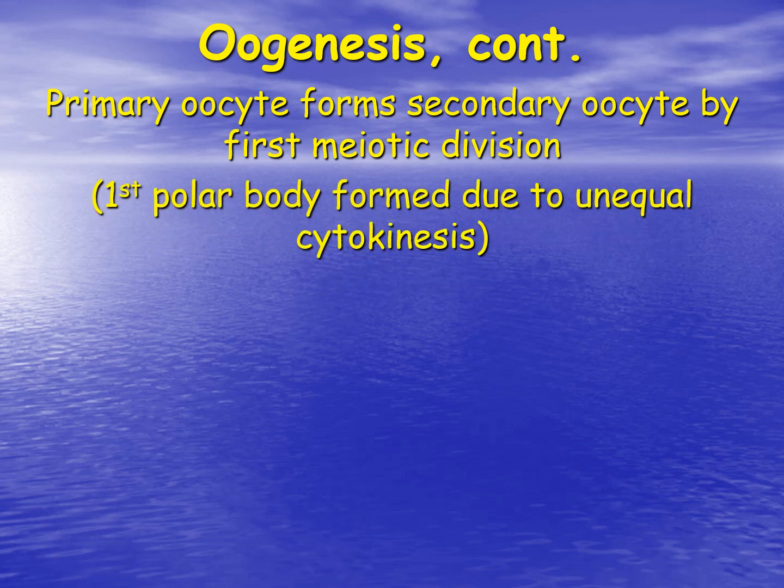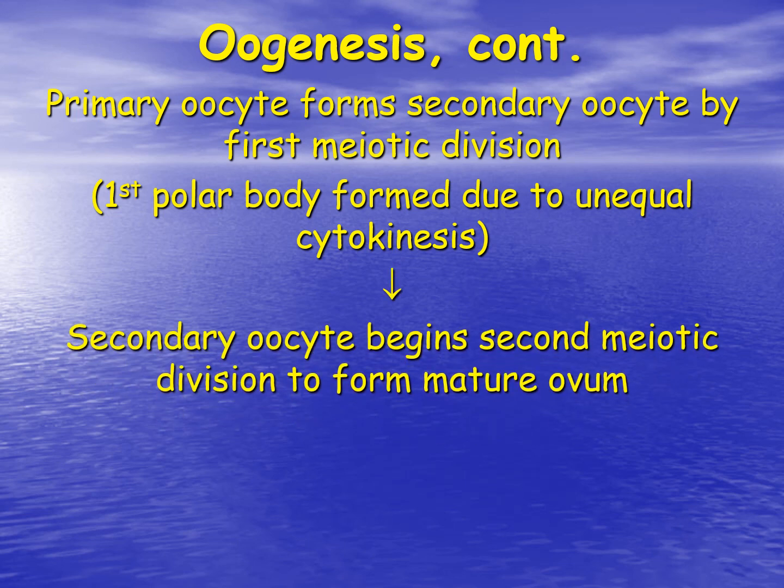When and if this occurs, the primary oocyte will divide unequally and form a small and a large cell. The smaller cell is known as the first polar body, and this is due to the unequal cytokinesis that occurs in the first meiotic division.